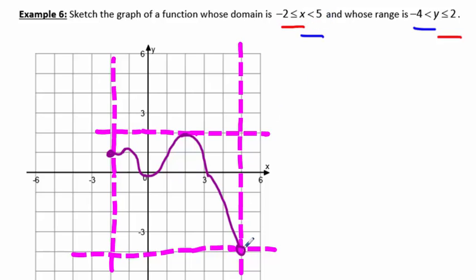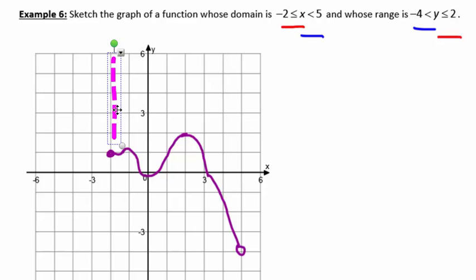Since this would correspond to 5, -4, we have an open circle there, and it gets really, really, really close because it connects all the way up until it gets to that dot. So it just wiggles along, needs to connect through both the x direction and the y direction. Now we could go ahead and get rid of those pink lines that we drew, and you can see the graph of our function.